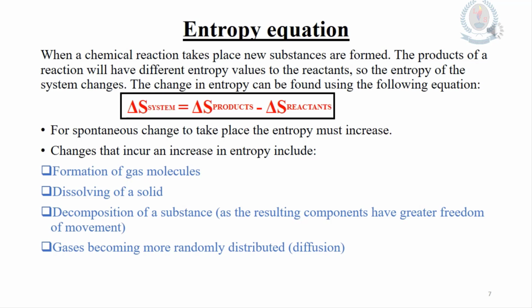Delta S system equals delta S products minus delta S reactants, or we can say the change in entropy of the system equals the entropy of products minus the entropy of reactants. For a spontaneous change to take place, the entropy should increase.